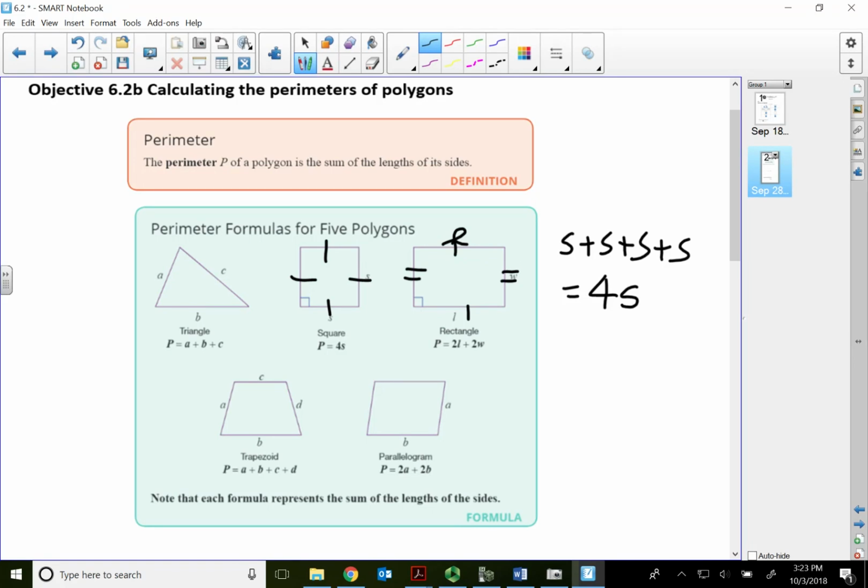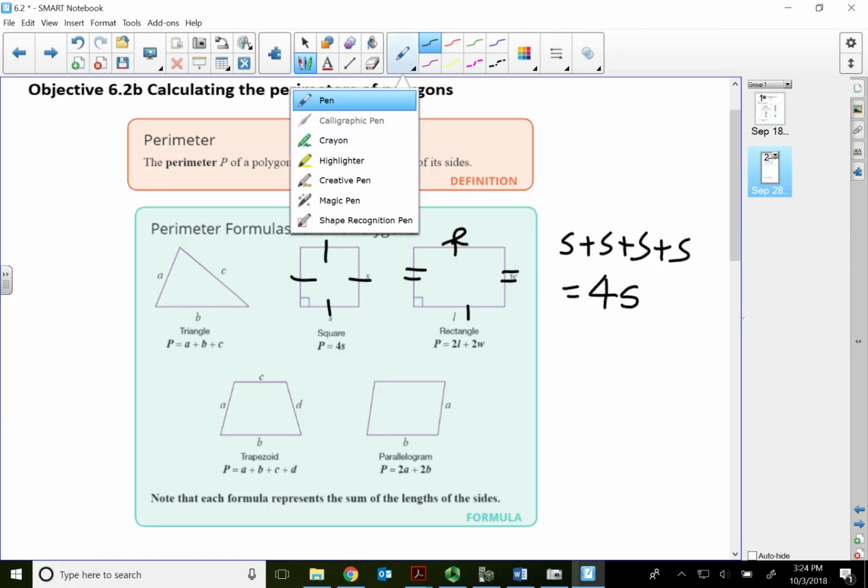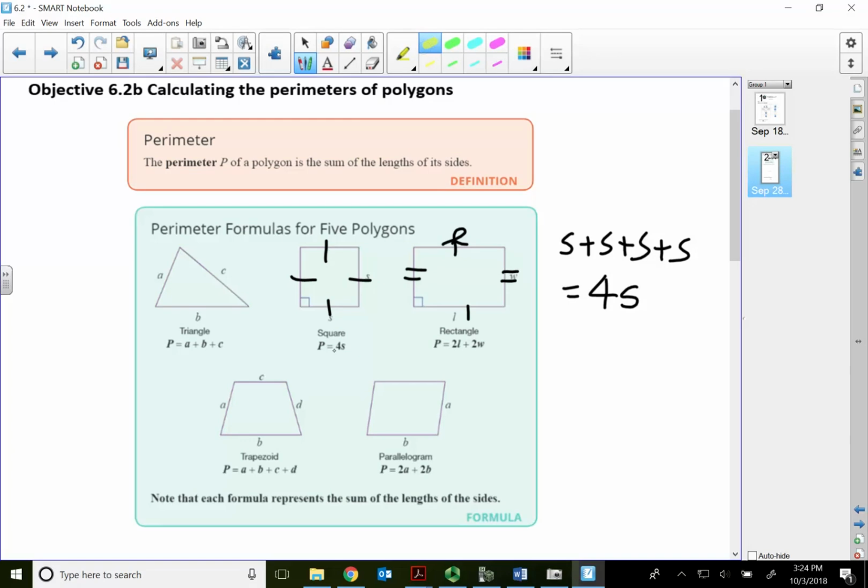For a trapezoid, normally we just add all 4 sides. So is your parallelogram. The two formulas we run into the most are for the square and the rectangle. So let's look at some application problems.